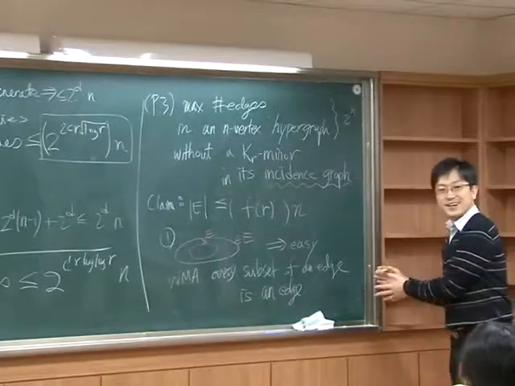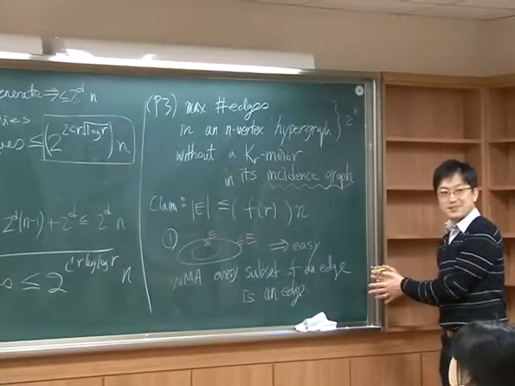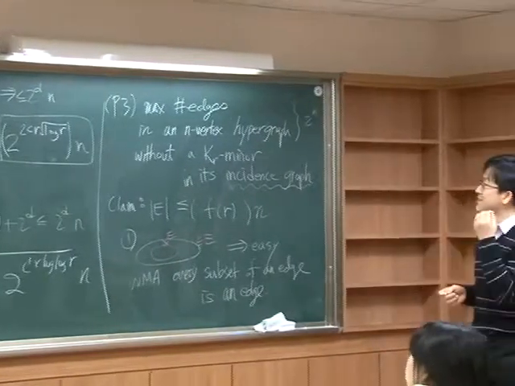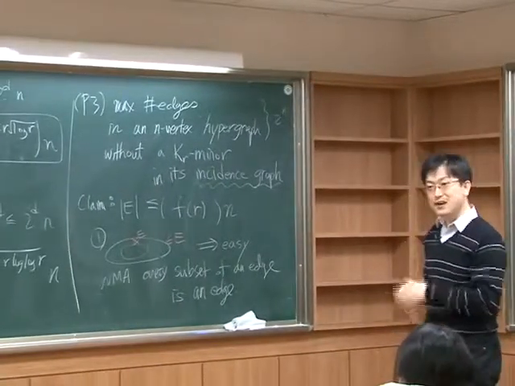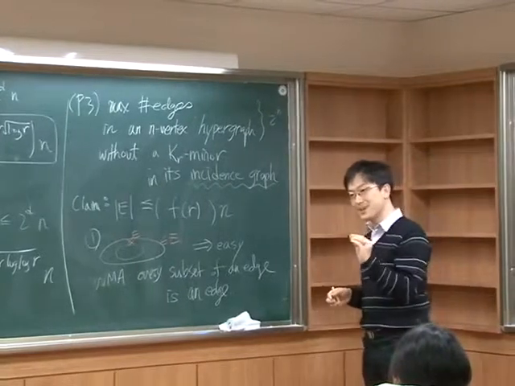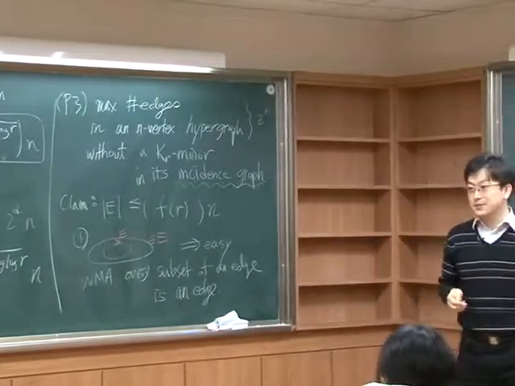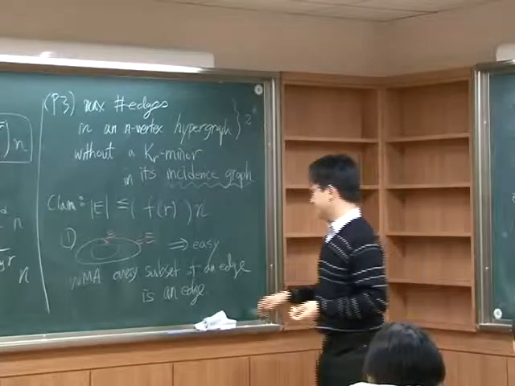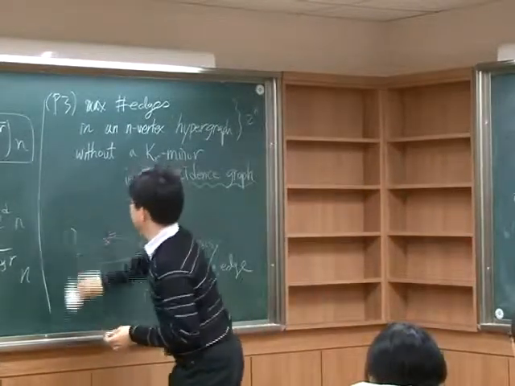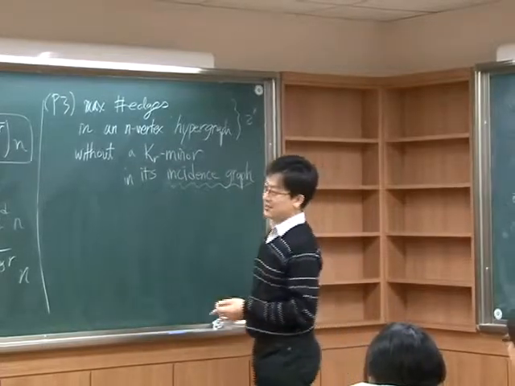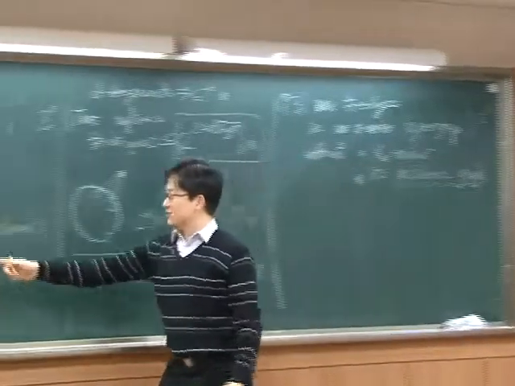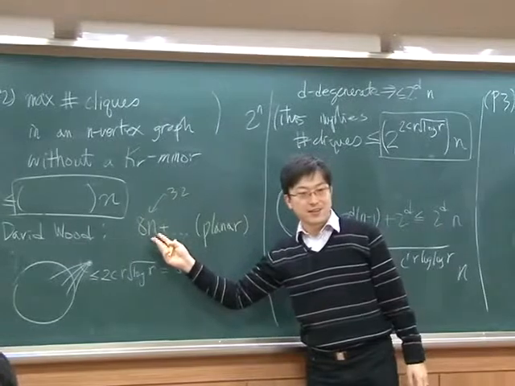What about P3? For P3, we are interested in the number of edges in a planar hypergraph. We call a hypergraph planar if its incidence graph is planar. So if we apply the same bound, then this should give us the same number, right?